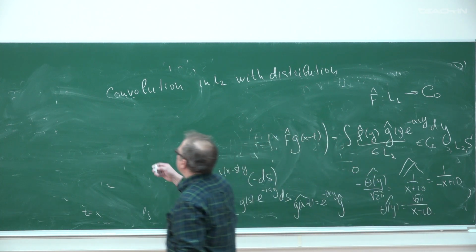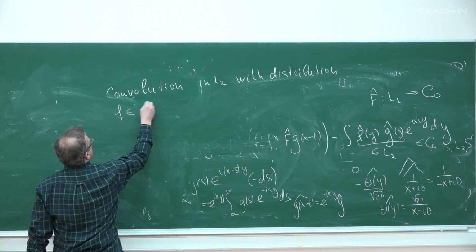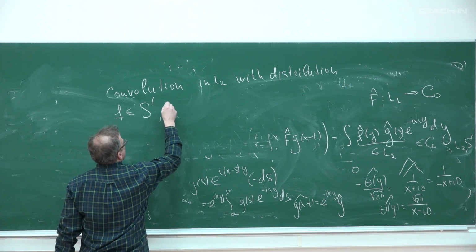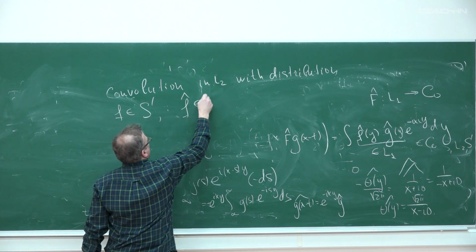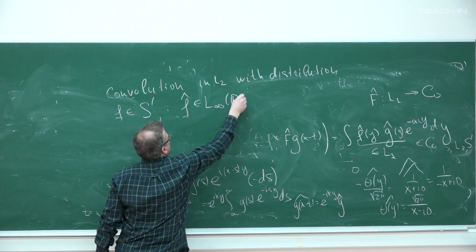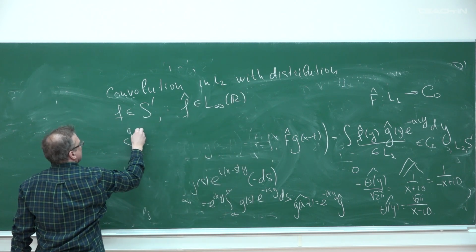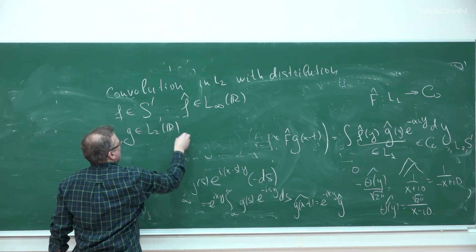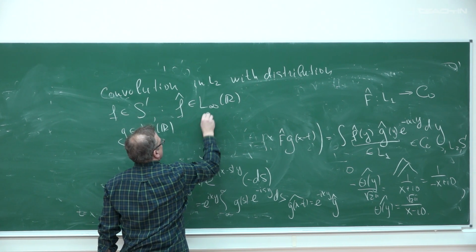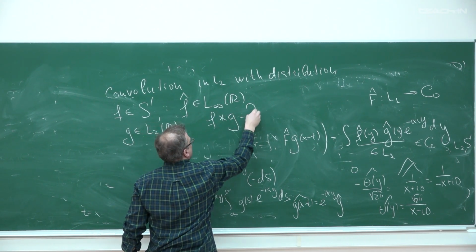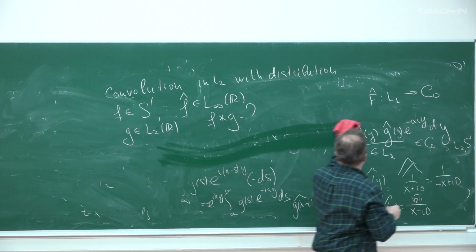So f is from C prime such that... how can we define this?